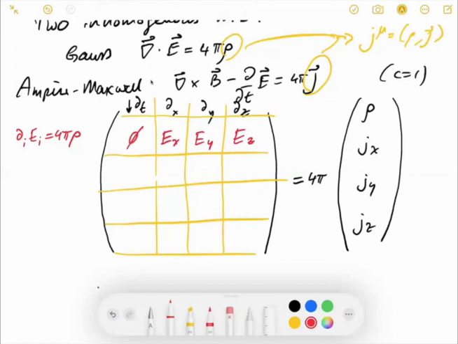All right, now let's look at the next one.